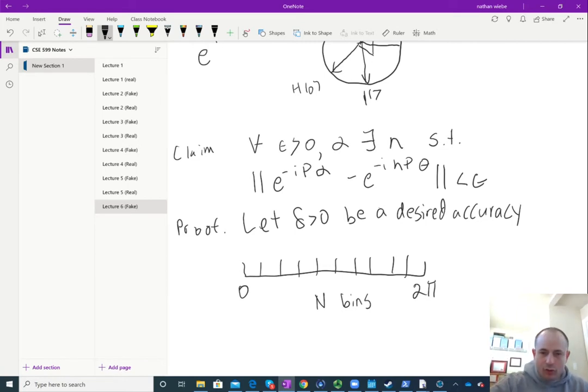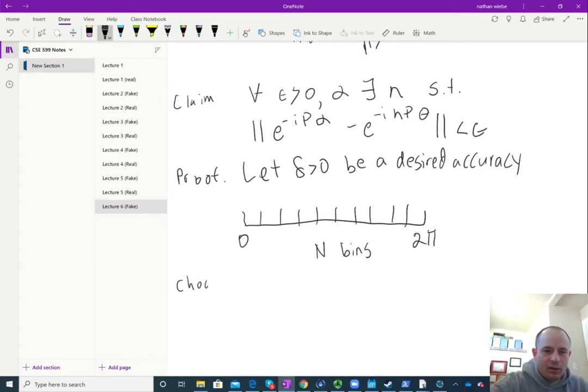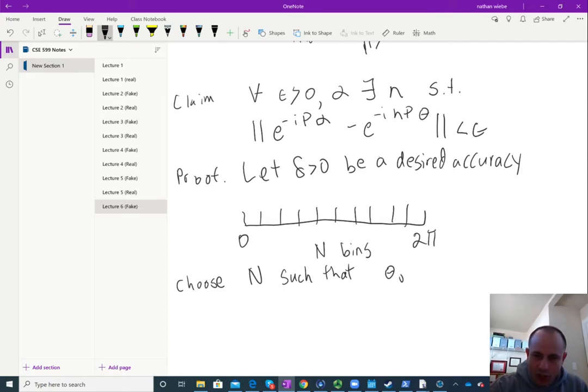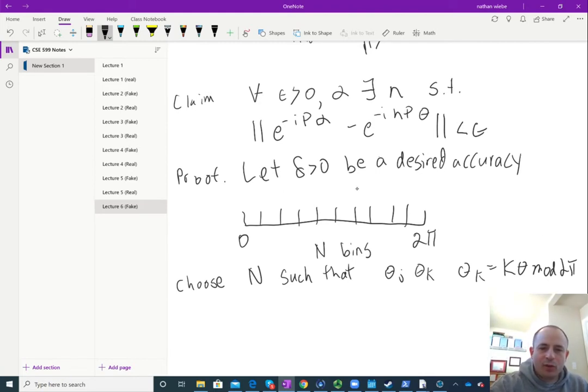And we want to be able to choose n such that for any theta_j and theta_k, where theta_k is equal to k theta mod 2 pi, i.e. if we end up wrapping around over here, we end up going back.